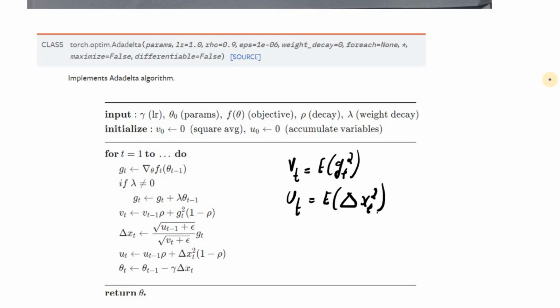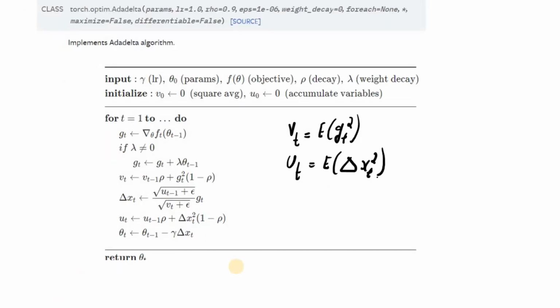So it's exactly the same algorithm which is being mentioned over there, just that for notational convenience they replace the expectations with these two terms, and just the negative sign of the updation is used because the delta xt is having a positive sign. The rest of the implementation is exactly the same as it was there in the paper.